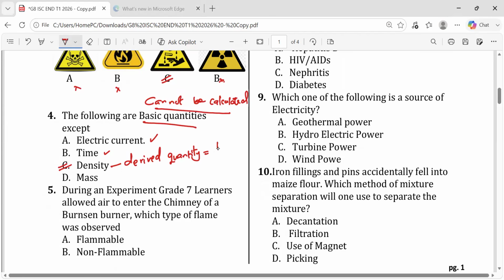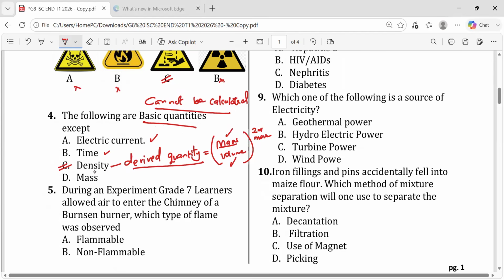Why? Because we must have mass and we must have volume. So those quantities that can be calculated from 2 or more measurements. In other words, we have the measurement of mass and the measurement of volume so that we can get mass over volume as our density. That is called a derived quantity. But those that cannot be calculated can just be defined as basic quantities.